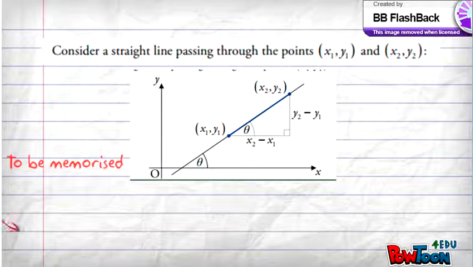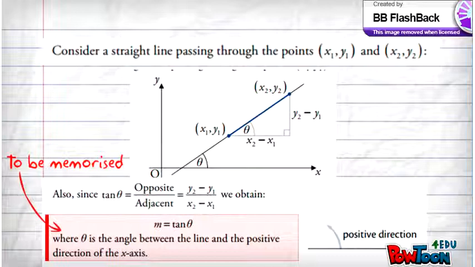Another way of looking at that is presented in this slide, and that is that this y2 minus y1 over x2 minus x1 is also the definition of tan theta here.